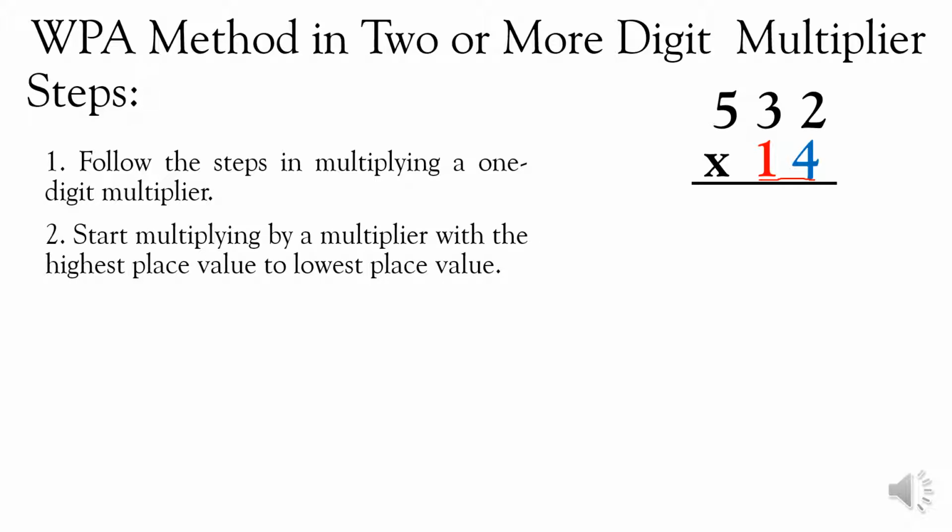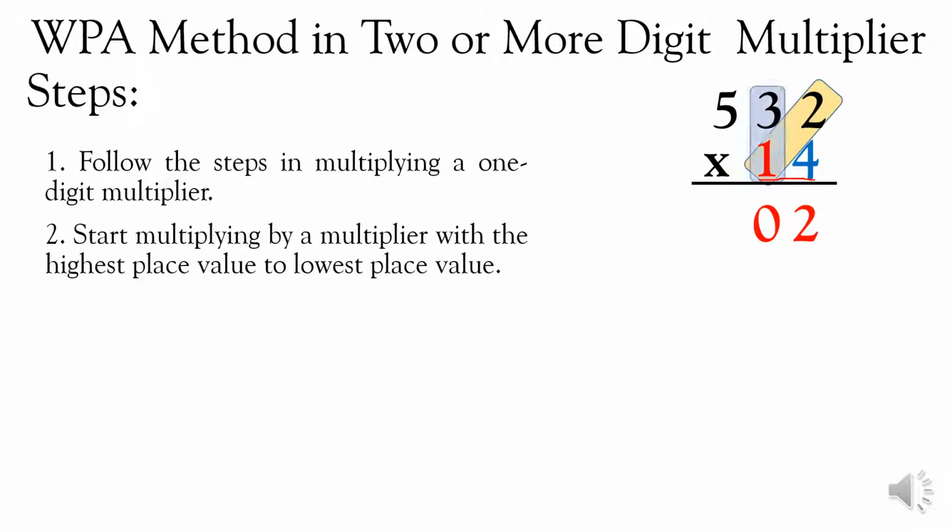So, in this case, we will start multiplying the multiplicand by 1, which is the digit in the multiplier with the highest place value. From that, we can have the first partial product. So, by following the first step, we will multiply 1 by 2, which is equal to 02.